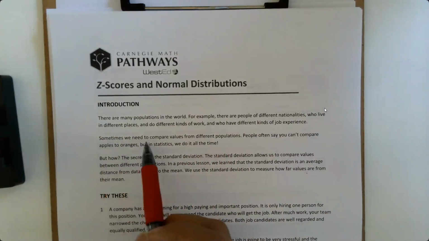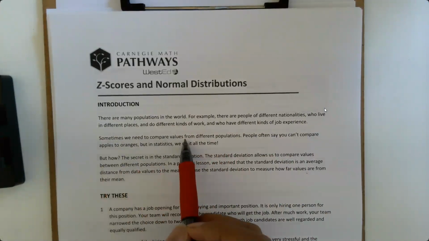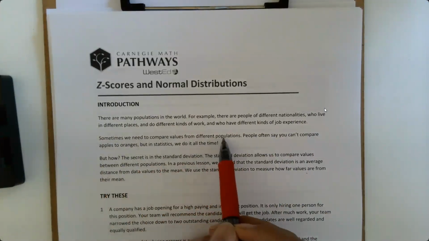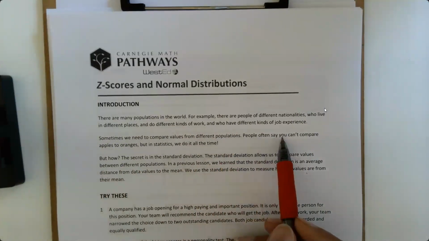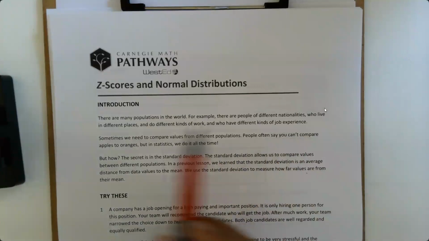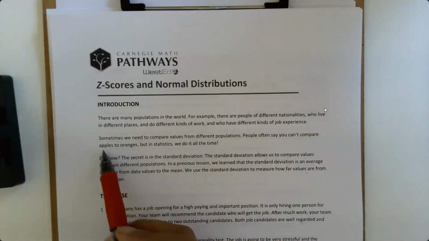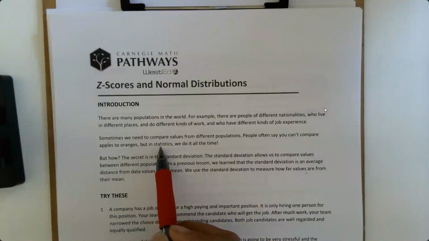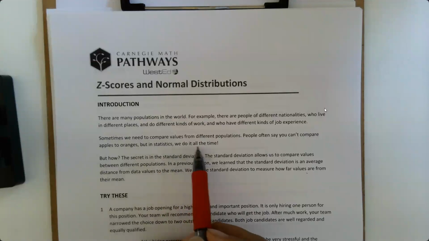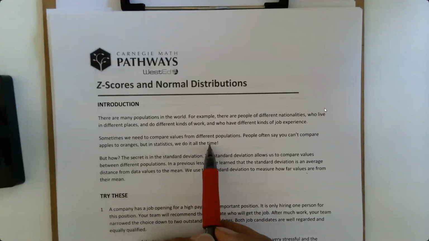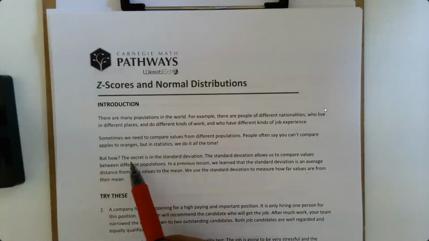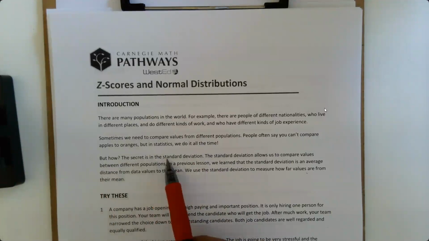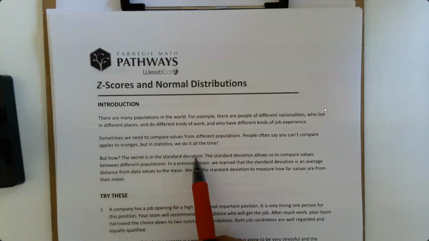Sometimes we need to compare values from different populations. People often say you can't compare apples to oranges, but in statistics, we do it all the time. But how? The secret is in the standard deviation.